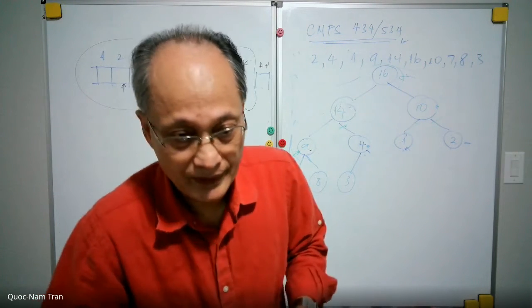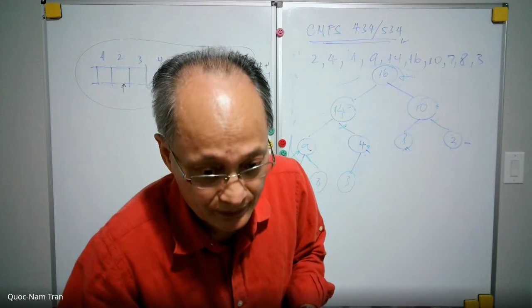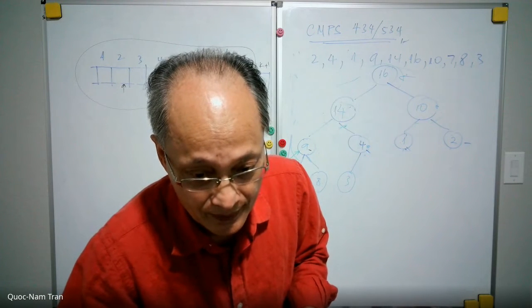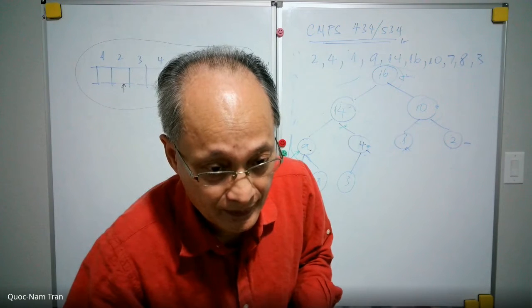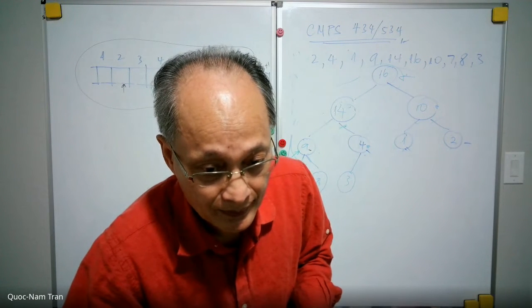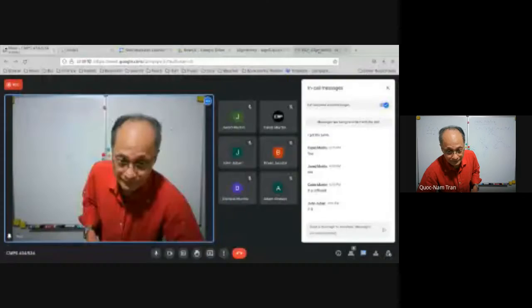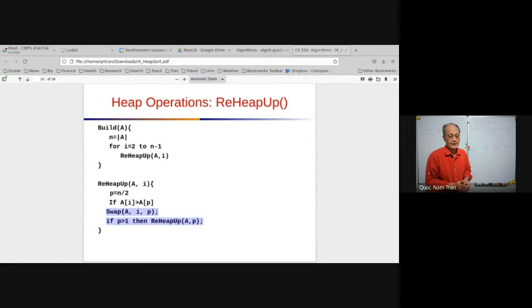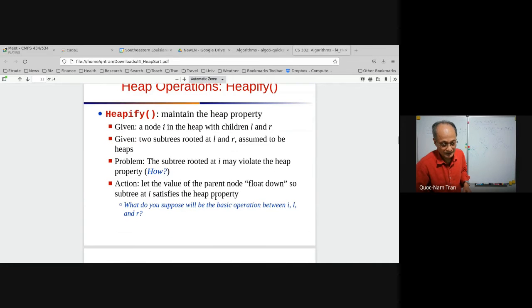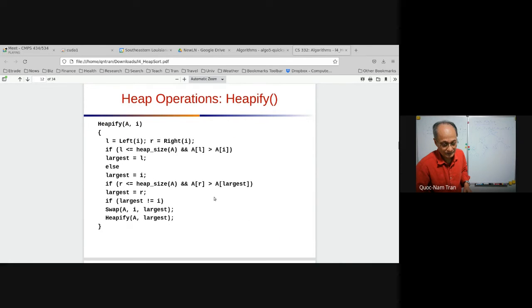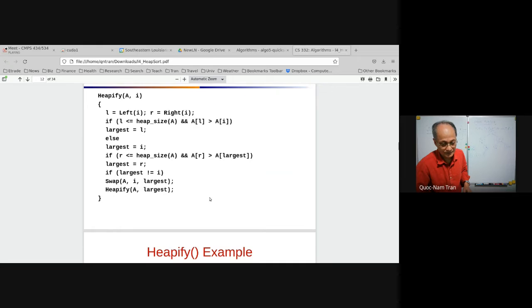Okay, so remember, let me share the screen first. Remember that here we have the reheap up algorithm and the build heap algorithm, in that we use the reheap up. So now the reheap down or heapify is here.